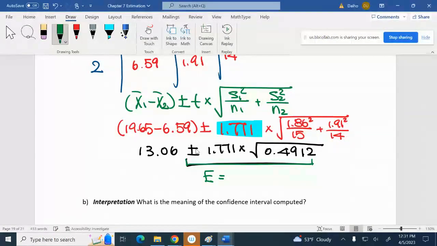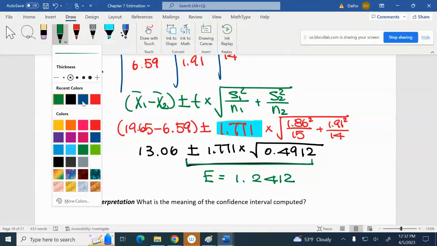Then let me take E, the margin of error. E is 1.771 times the square root of 0.4912, which gives 1.2412.